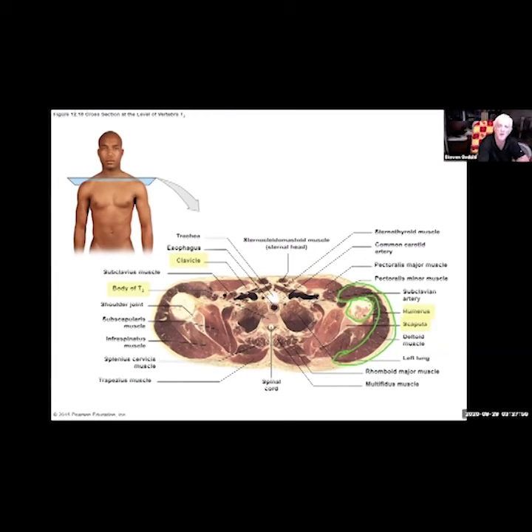That's what pulls the arm laterally away from the body. This is the clavicle. I'm going to go through a cross section. And this is the body of T2. Again, you can easily see your spinal cord, that little white dot. Notice how it's getting smaller as it goes down, more and more posterior.